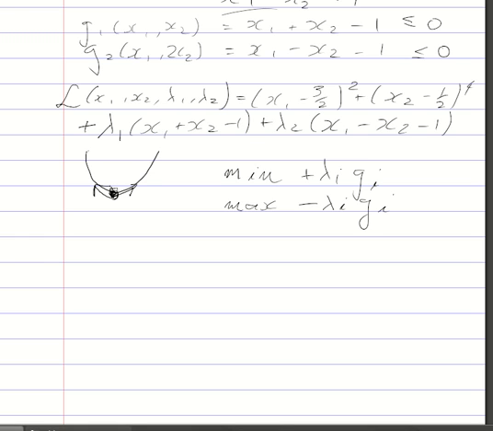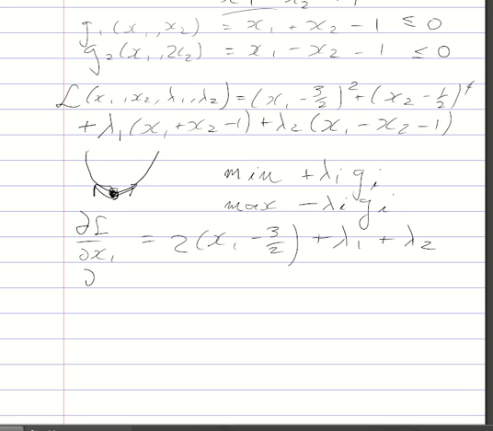Now we can start looking at the partial derivatives of our Lagrangian function towards x1 and x2. The partial derivative towards x1 is 2(x1 minus 3/2), plus lambda 1, and plus lambda 2, since the x1 terms have lambdas in front.